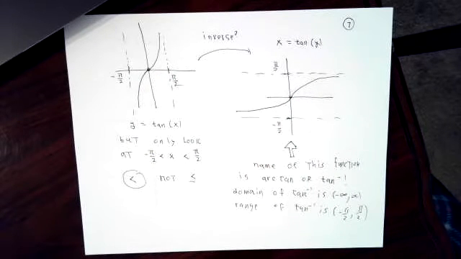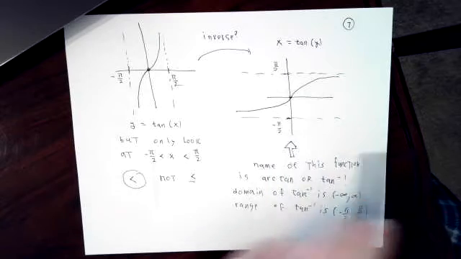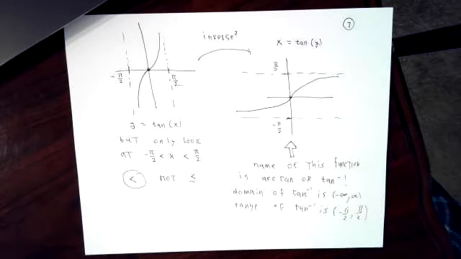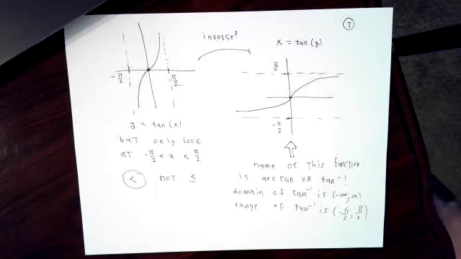The name of this function is the arctan function, or inverse tan, as your calculator has it. The domain of the inverse tan function is everything. No matter what x you pick, there's a point on the graph of the inverse tan function to go with it, but the range is restricted.